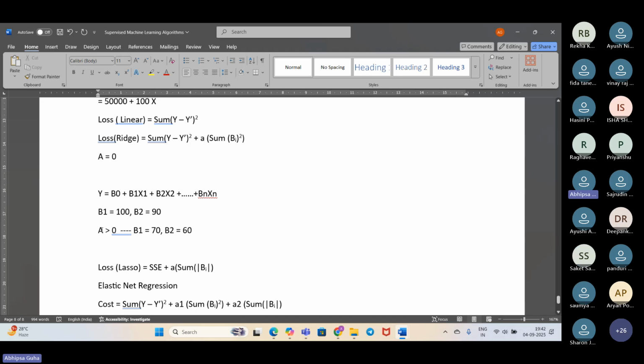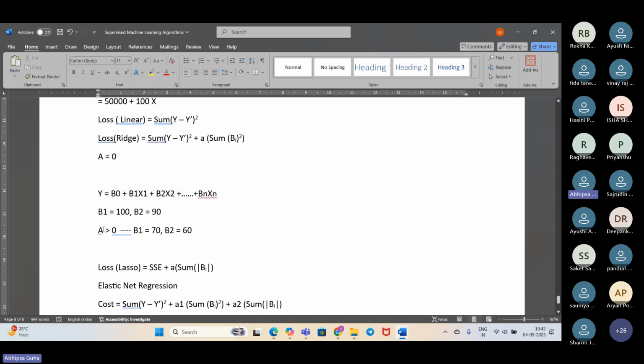The alpha value has some effect on the calculation of B1 and B2, right? Previously in linear regression, we don't have this alpha value; the alpha value was 0.